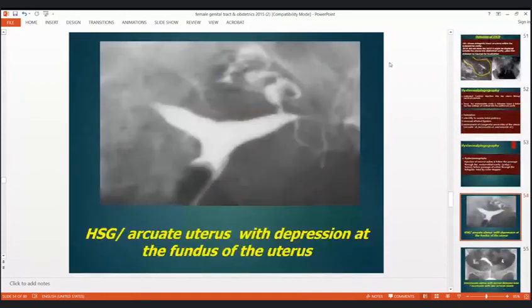This is an example of hysterosalpingography. You see opacification of the uterus. This is an arcuate uterus with depression in the fundus. This is the cannula, the balloon, and the contrast is injected into the uterus, and this is the tube, and this is the free spillage into the peritoneal cavity.